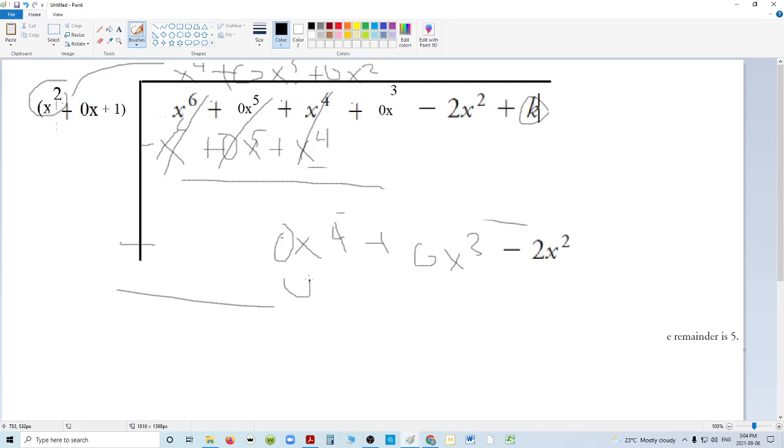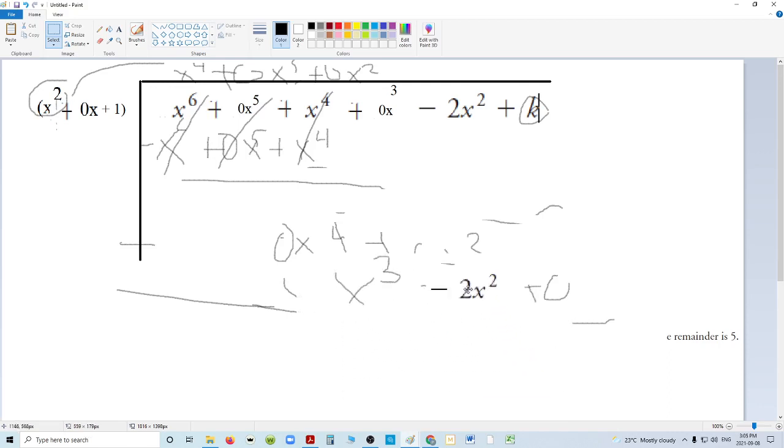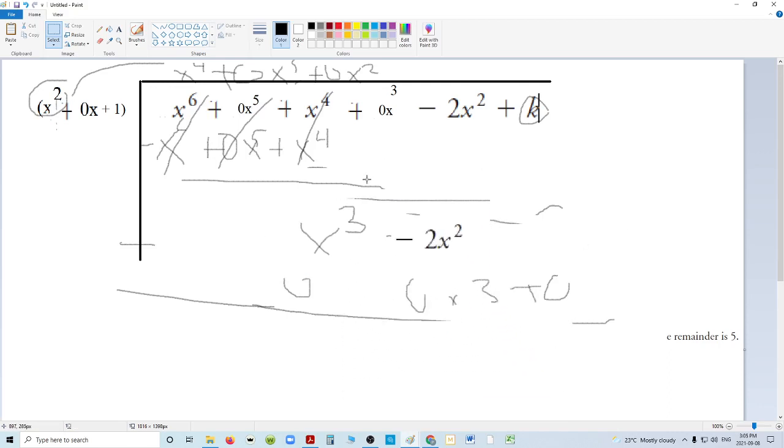And I get 0, 0x cubed. And here's the last one, 0. So this will finally matter here. When I subtract these, I get 0x cubed, and this is the important part, plus minus 2x squared. And this is why it's important to keep it over. So this is my new line. And you just get rid of the old lines.